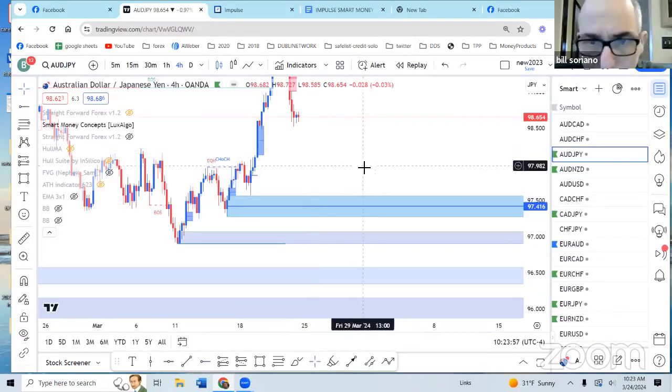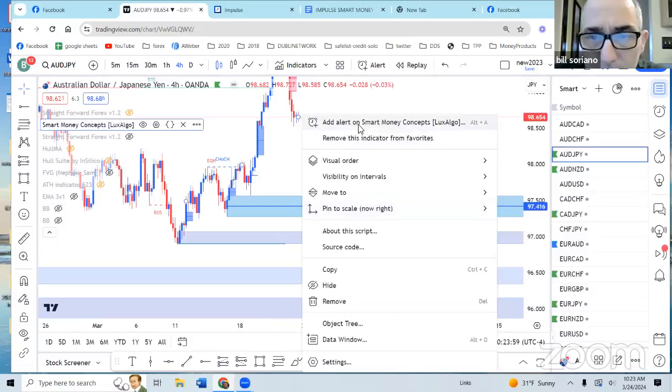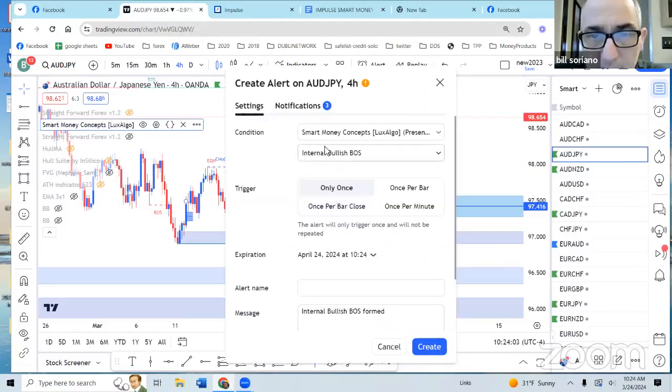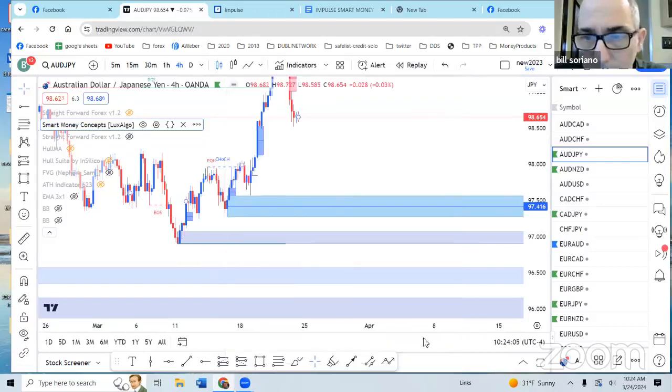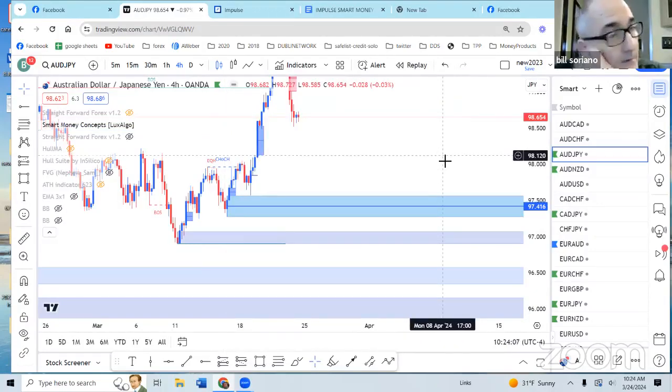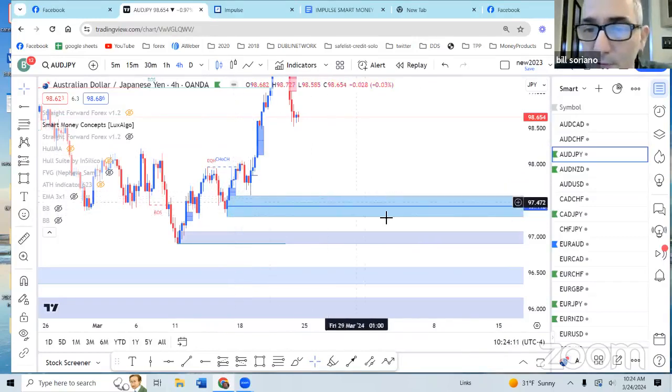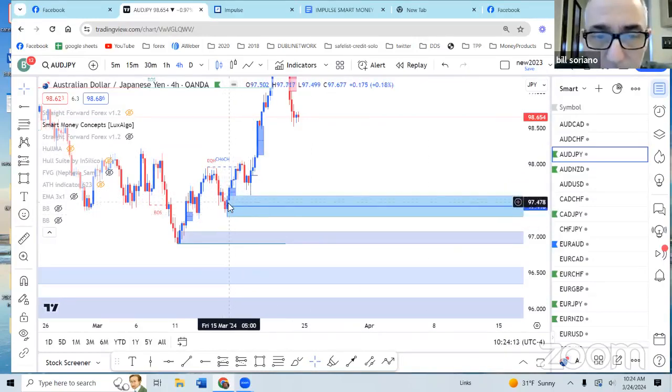Right there is where I'm going to set the alert, and you just set it for only once. Now, like I said, the way to identify the 50% point, if you don't want to just estimate it, is to use this parallel channel tool right down here.